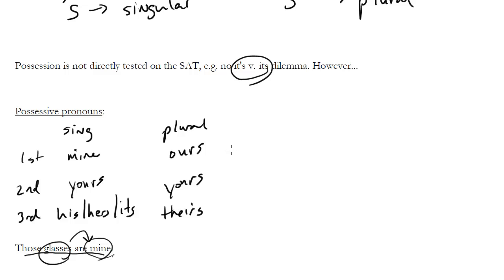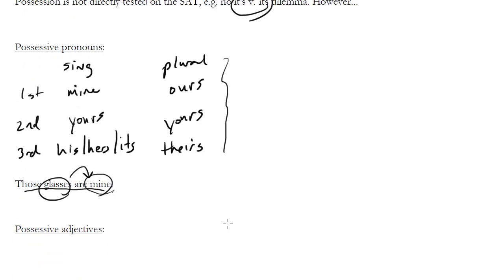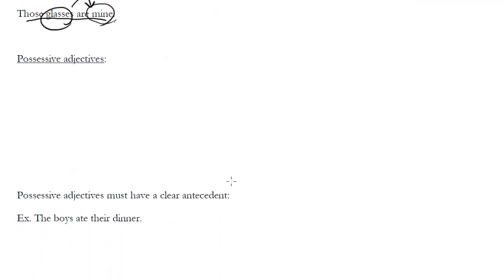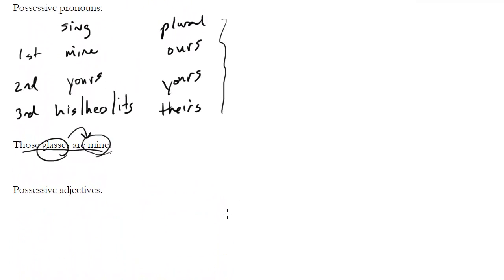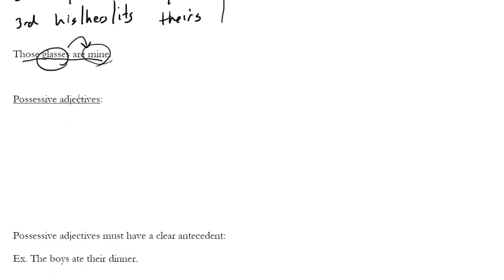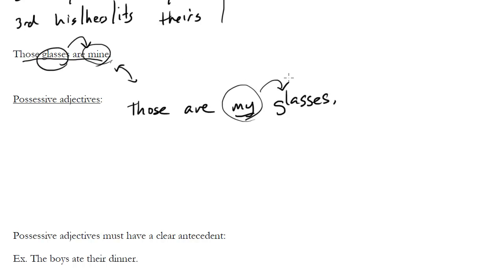So while this may not be tested too directly, what is tested a little more directly is possessive adjectives, and they're related to possessive pronouns, except these are put before the noun to indicate whose owns what. So again, we could write this sentence to say, those are my glasses. Very similar sentence to this. Here, we're just using the possessive adjective to show that those are my glasses.